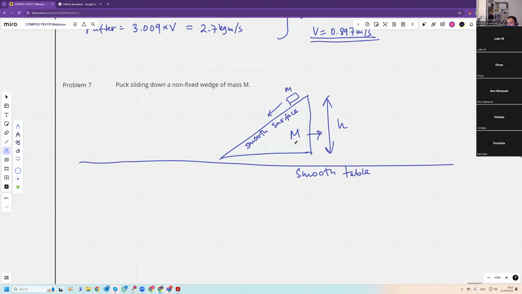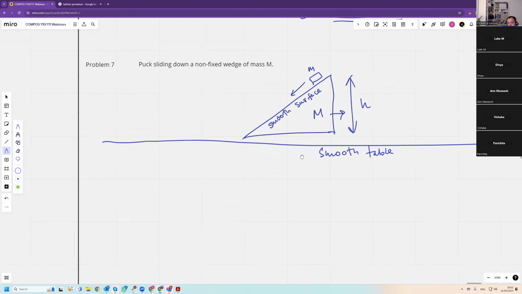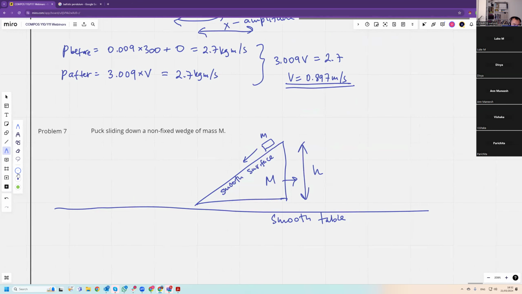Absolutely. Well, this is caused by the normal reaction force. The normal reaction force pushes the puck that way, but there's an equal and opposite reaction force pushing that way. So this force pushes the wedge to the right, and this force pushes the puck to the left.